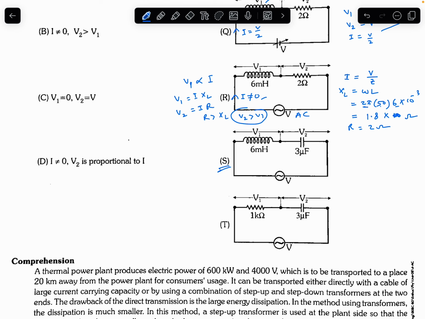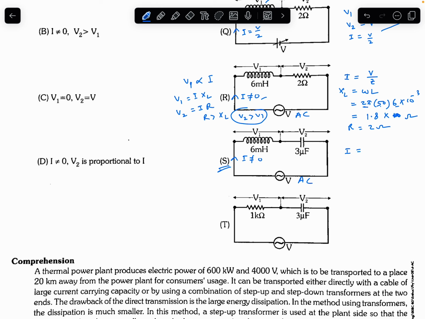So in the fourth one, again this is an AC source. Instead of resistance, here is the capacitance. So current in this circuit, definitely current is not 0. So what will be the current?